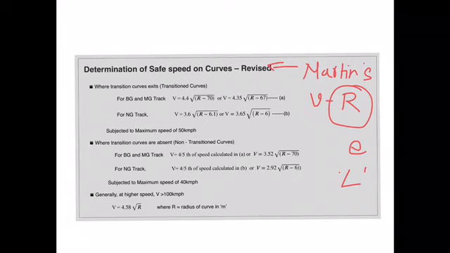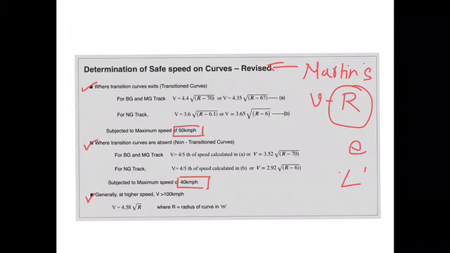To determine that, we have three conditions. The first condition is where the transition curve exists, the second is where the transition curves are absent, and the third is generally for higher speeds. The first two conditions will give you the relationship between the speed and the radius of curve for the lower speeds.